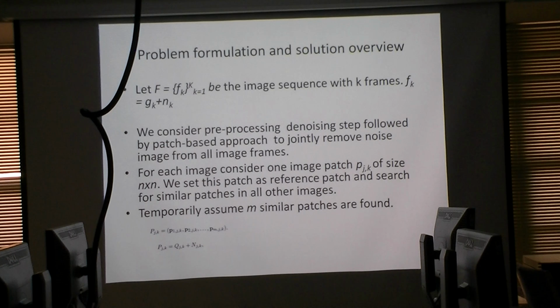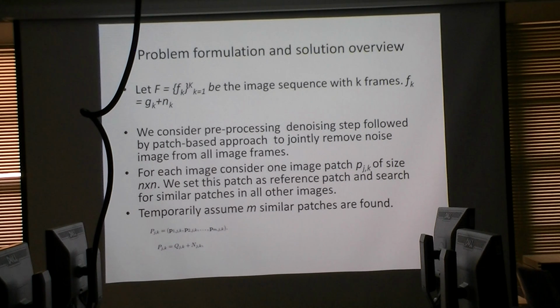To get only Gk by removing Nk, first we consider all the videos and perform the pre-processing denoising step, the adaptive median filter, which I'll discuss in the next slide.